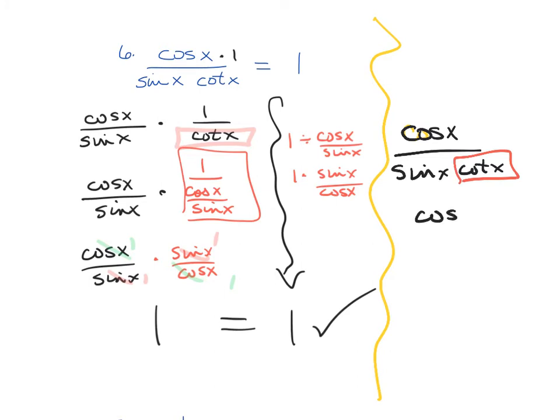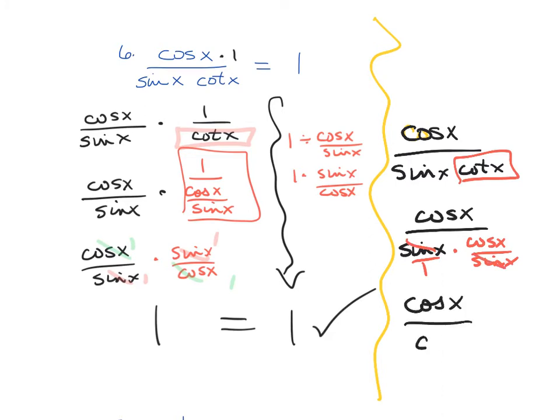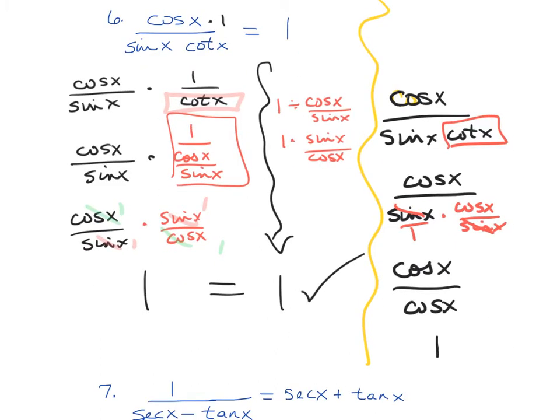So cosine x and then sine x, and now I'm going to replace cotangent with cosine x over sine x. And then I'm going to simplify that denominator. And then now it just becomes cosine x over cosine x. Anything divided by itself is 1. And that's what I was trying to verify it to. So that way is a lot simpler. But again, keep in mind you've got options here.